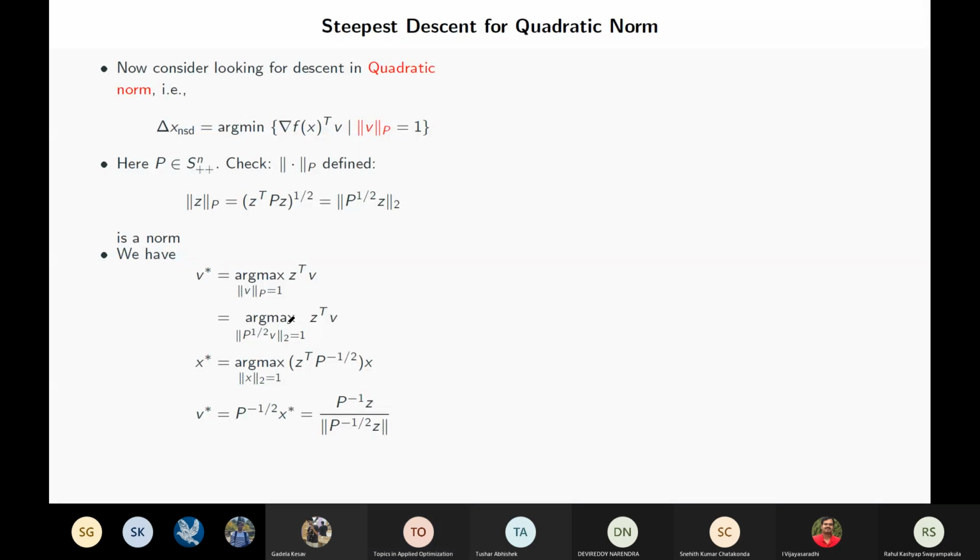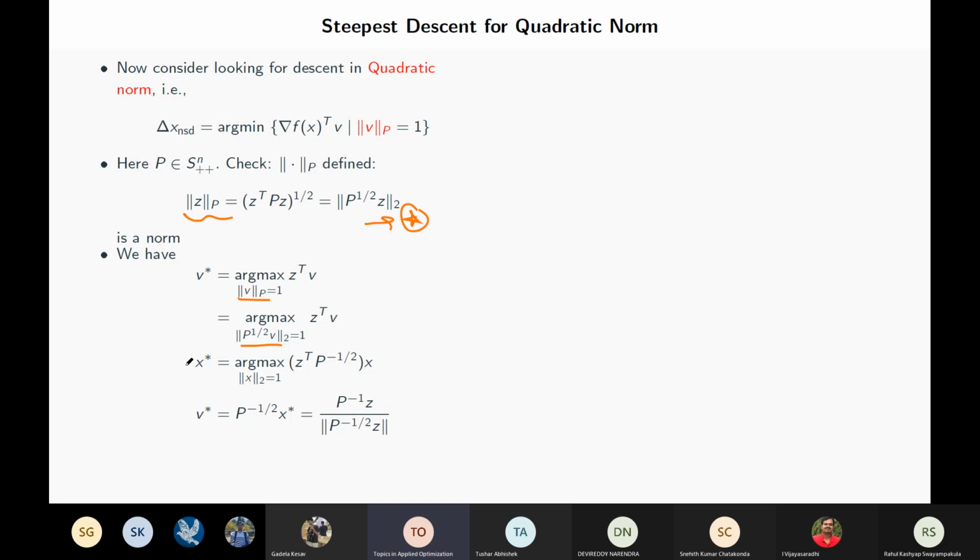The P norm of v is the 2 norm of P half v.